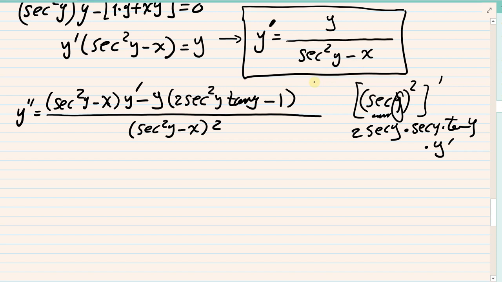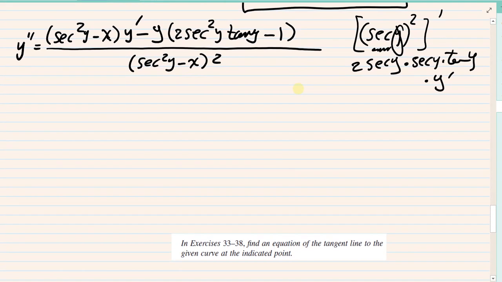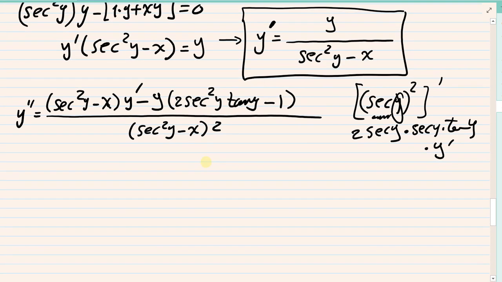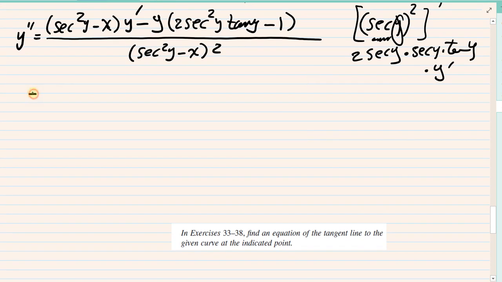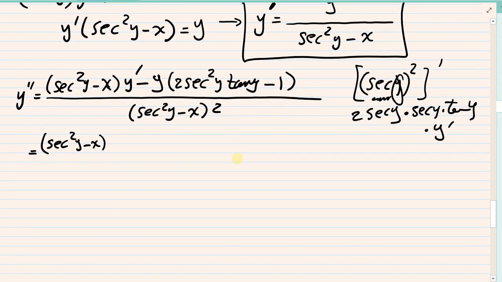Now, next step, let's clean this up a little bit. One thing I need to do now is plug in y prime in there. And you can see it's going to get messy, right? Because it's a fraction that we're going to have to plug in. So this is going to equal secant squared y minus x times y prime, which we just found, y over secant squared y minus x, right?